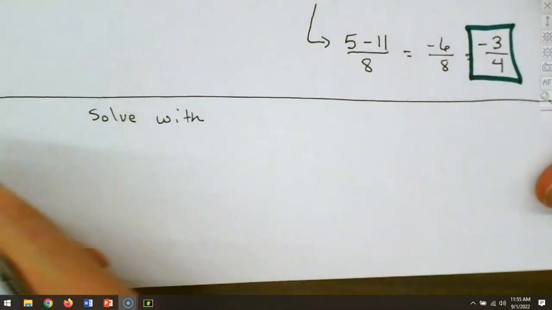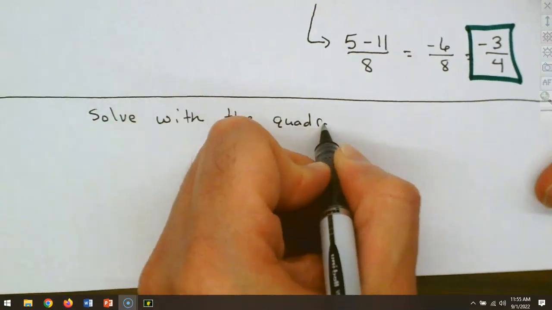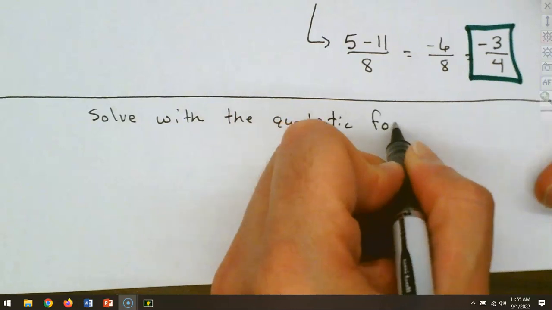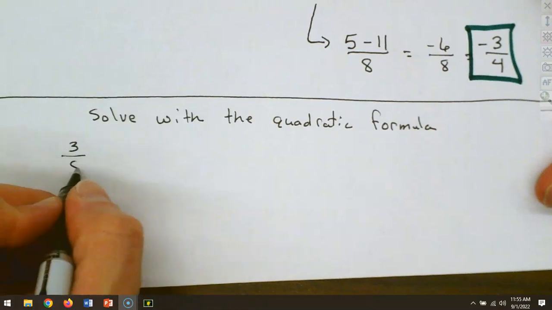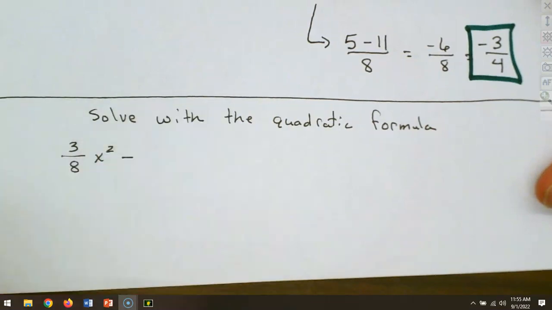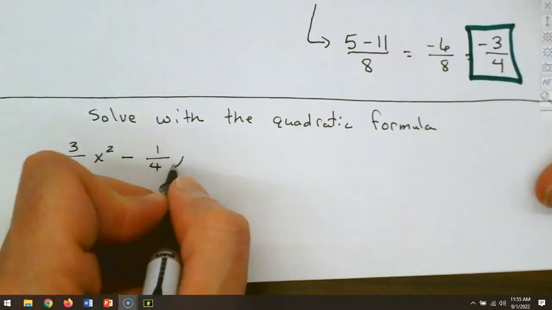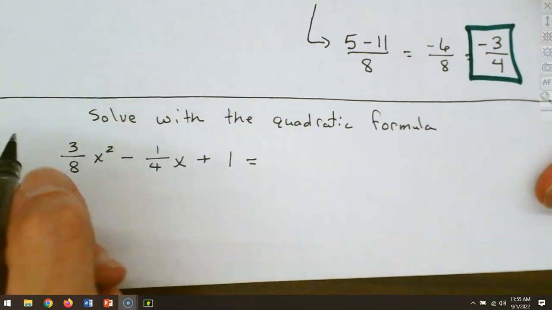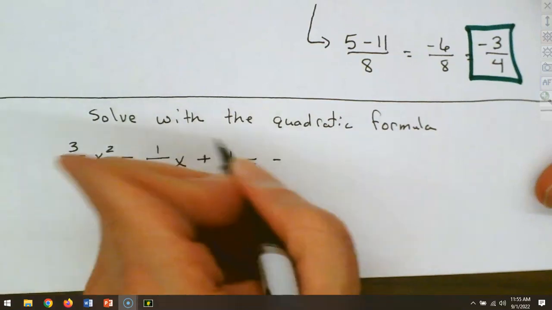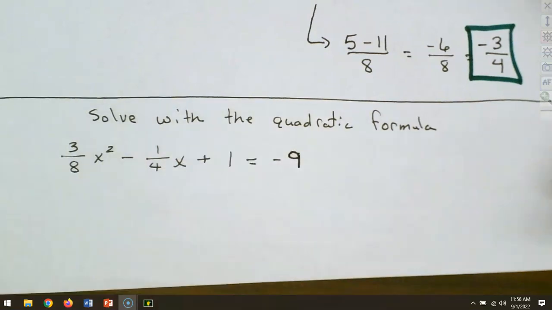So we're going to solve again with the quadratic formula. I'm going to give you this equation to solve here.